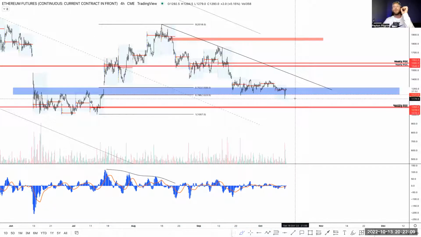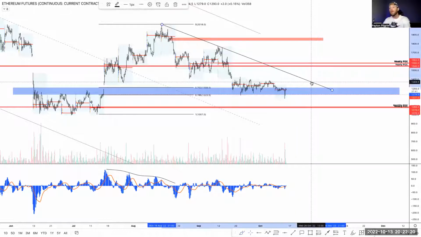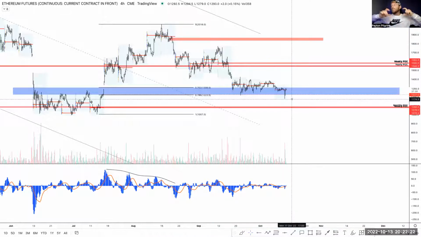So look, if you're looking for a coin long term, it's Ethereum. Trust me, it's Ethereum, because whenever it starts to hit its strength, it's already showing more strength in the macro perspective than Bitcoin.